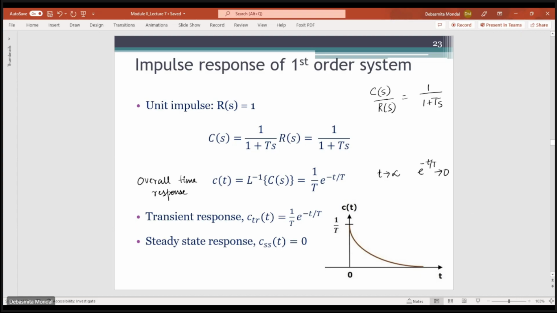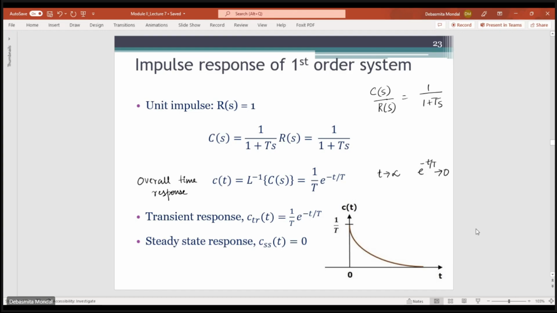I think we have come to the end of the class. In the next class, we'll see the time response when the first order system is excited with a step input, a ramp, or a parabolic input. For this, you have to brush up your concepts of Laplace transform and inverse Laplace transform.